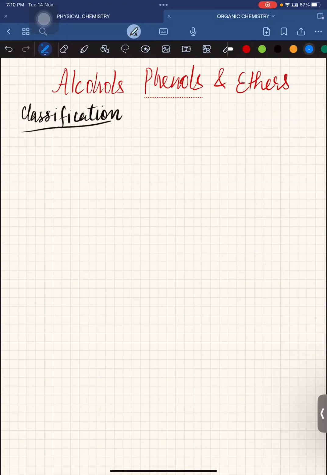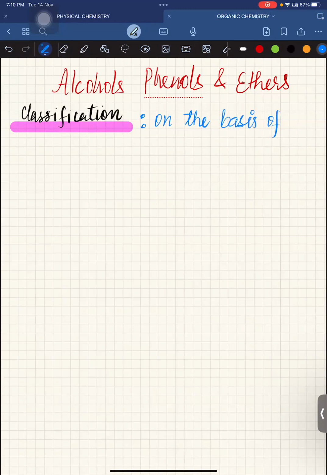First, the classification is on the basis of the number of hydroxyl groups, that means OH groups. Very simple.